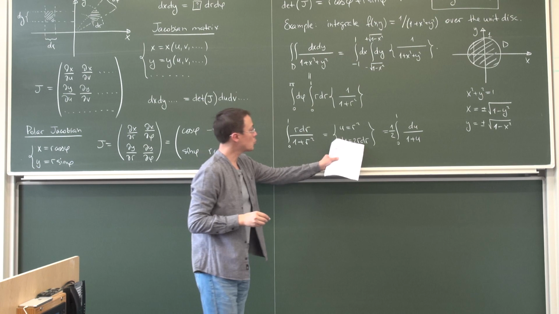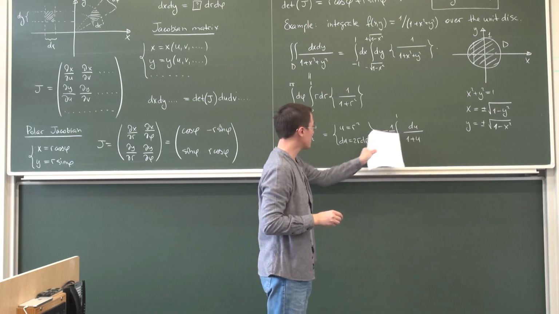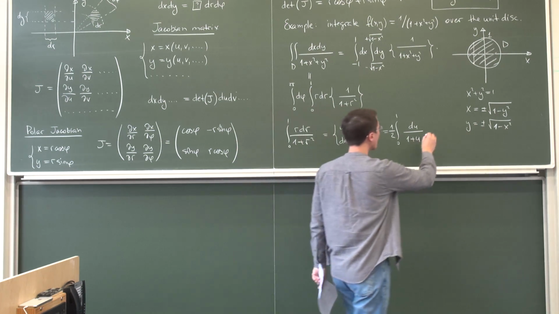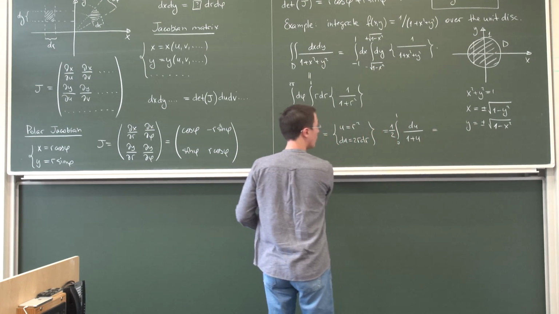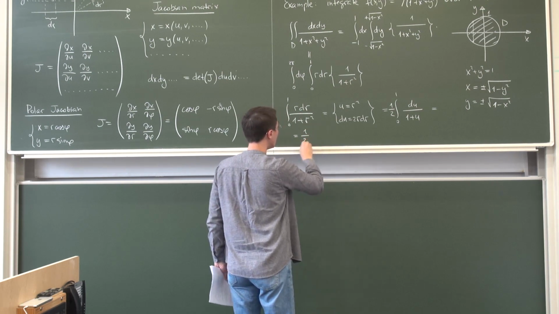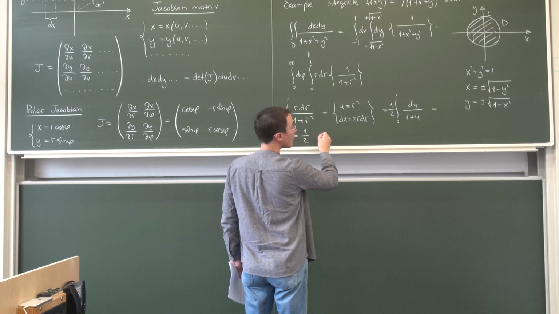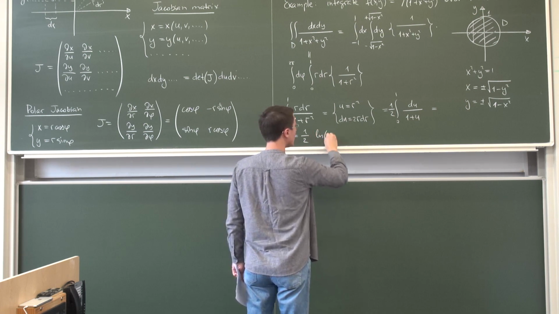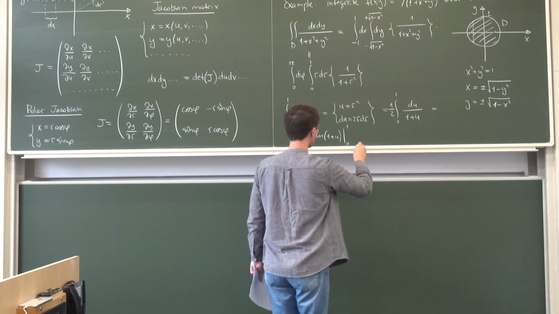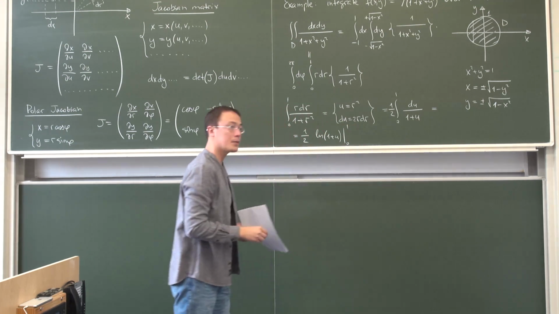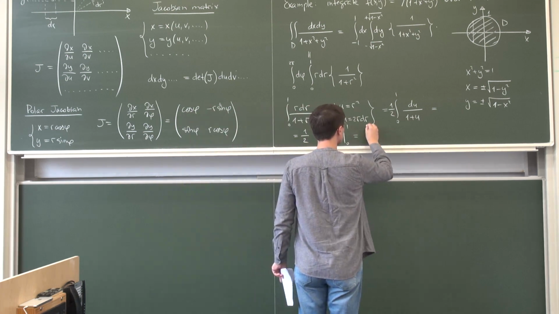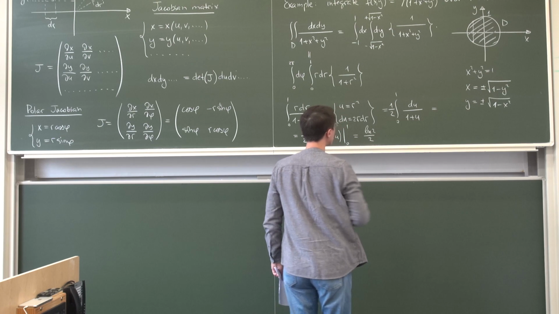Right, so du is 2r dr. If we put that here, the 2 will cancel, and we would get our integral back. Okay, so that's 1/2 times log of 1 plus u from 0 to 1. At the upper limit, this is log 2. At the lower limit, this is 0. So this is log 2 over 2.